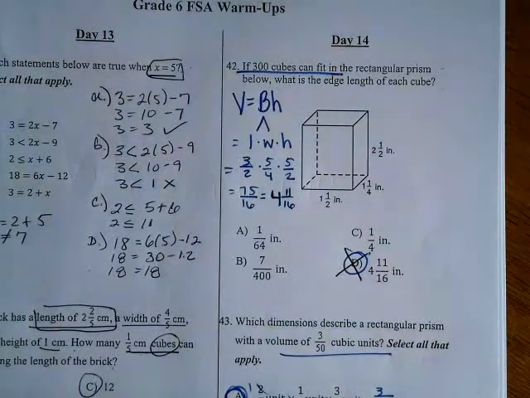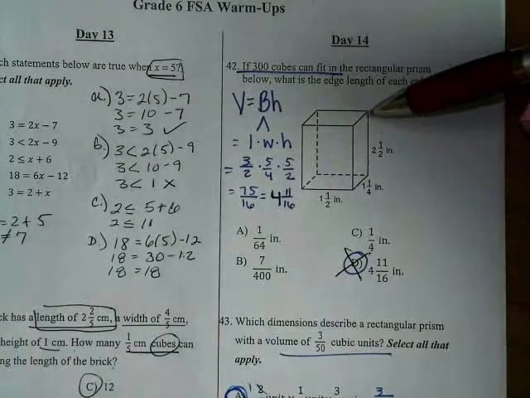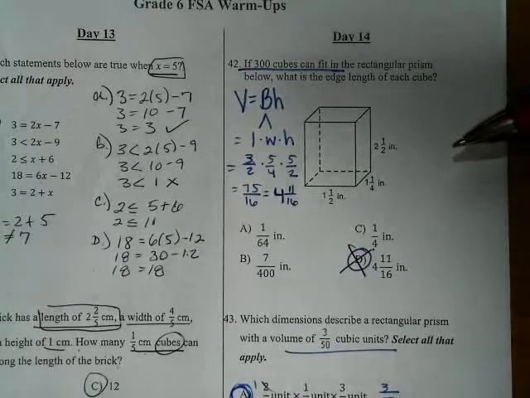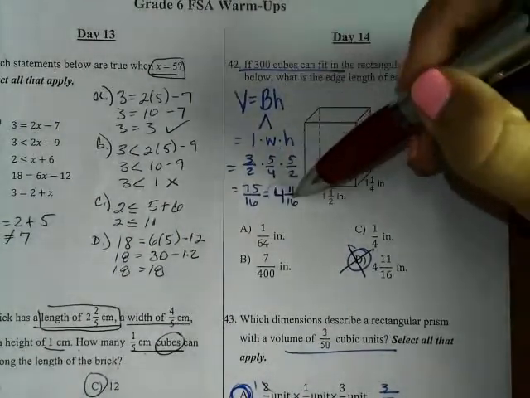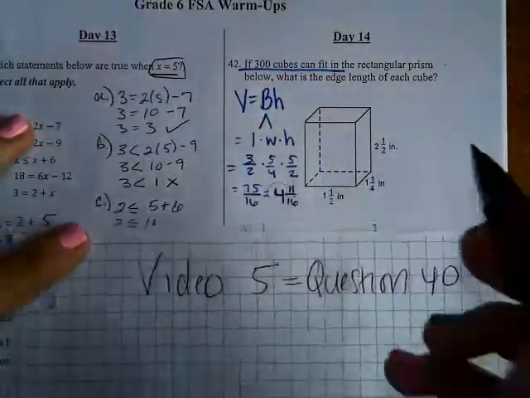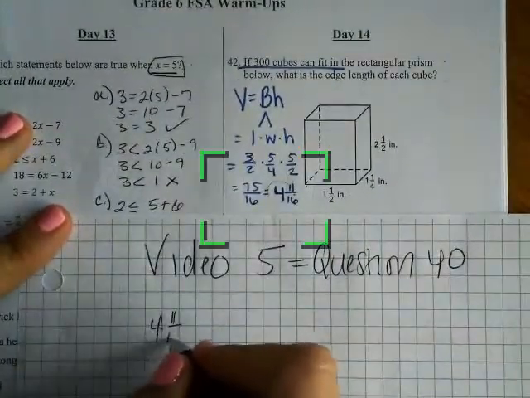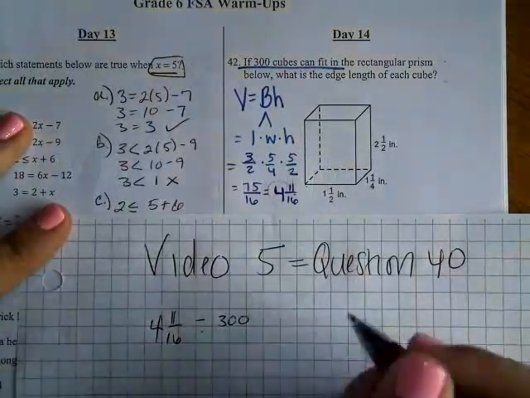So if I know that the volume here is represented by, this is the total volume, and so many cubes go into 4 and 11 over 16. Let's try this one out. 4 and 11 over 16 divided by 300.